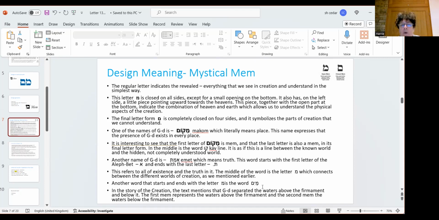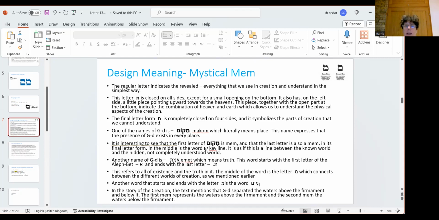Another word that starts and finishes with mem, and mem itself has that sort of sound about it, is mayim, which means water. And it appears a lot in the Torah. In the story of creation, the text mentions that God separates the waters from above and the waters from below.